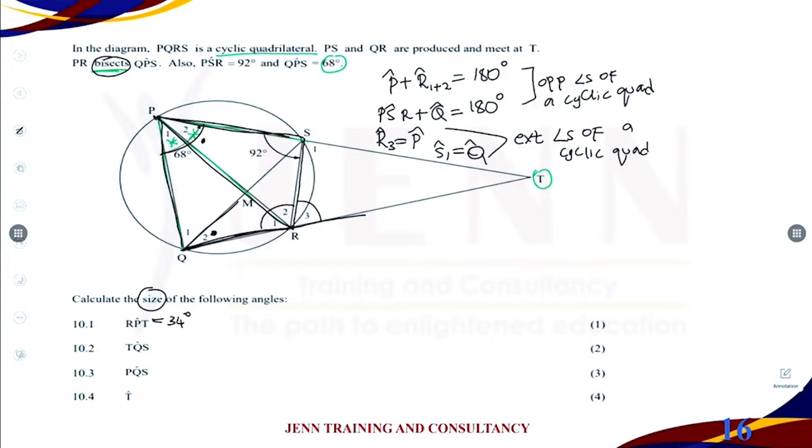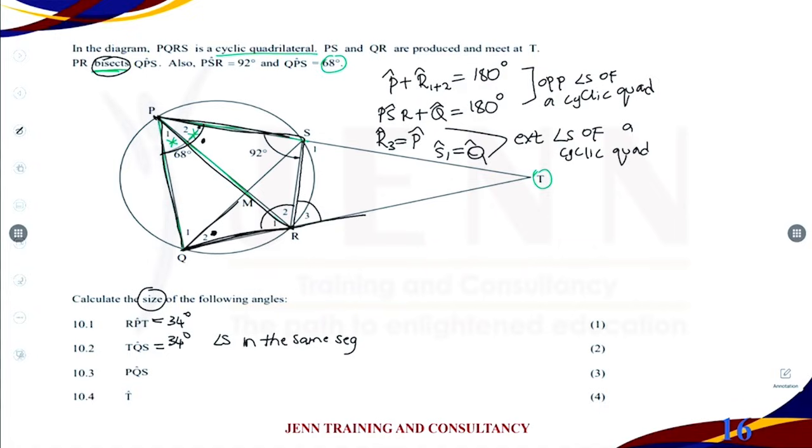These are my angles in the same segment. So the size of angle TQS is equal to 34 degrees. The reason will be angles in the same segment. Even though I did not include this on my toolbox, it is also applicable.